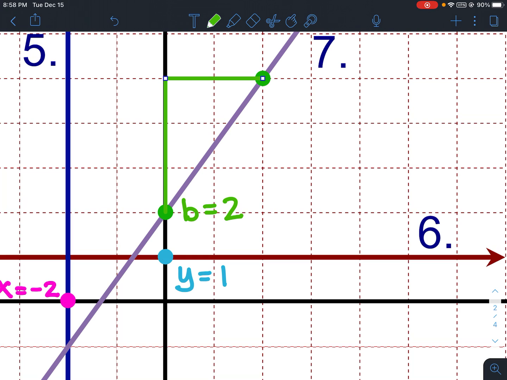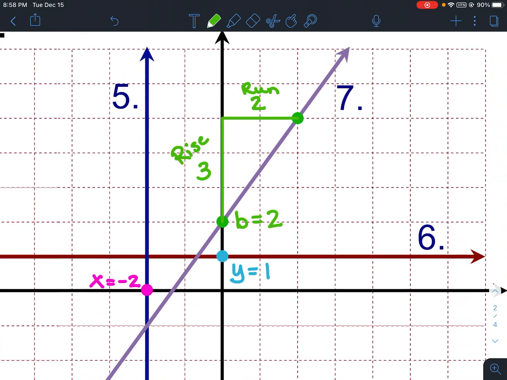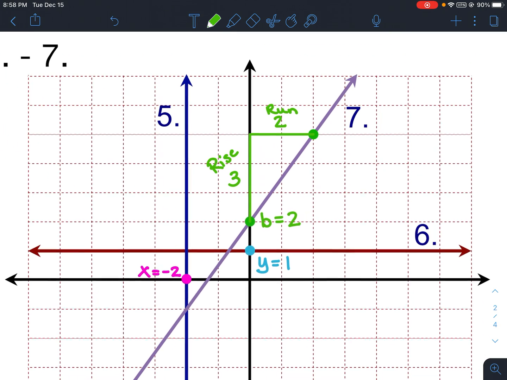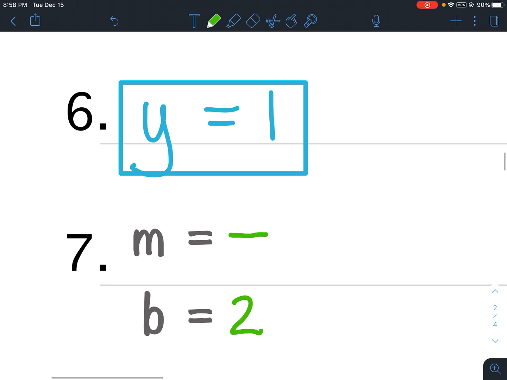Well, my rise is 1, 2, 3. My rise is 3. My run is 1, 2. Rise is 3, the run is 2. So I come down here. My rise is 3, my run is 2.